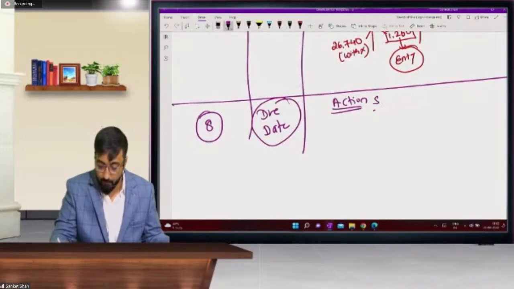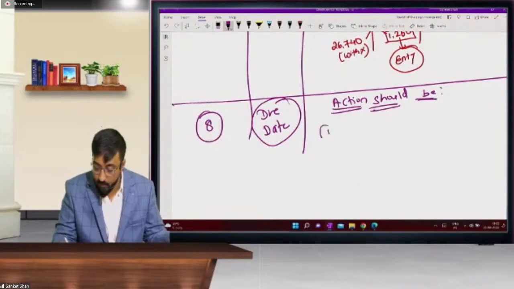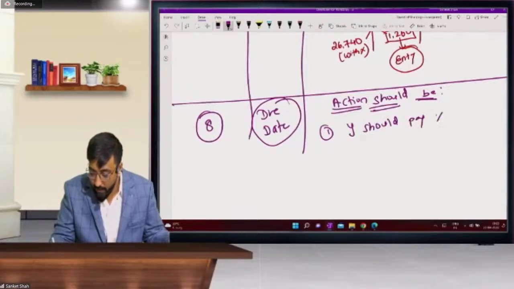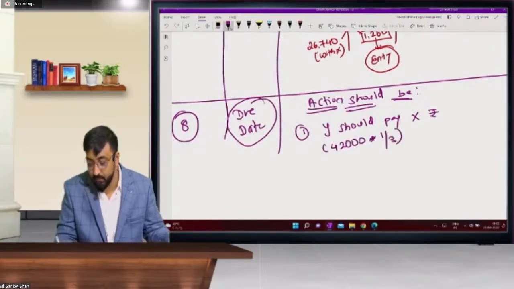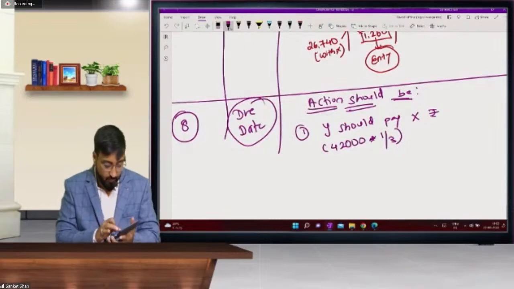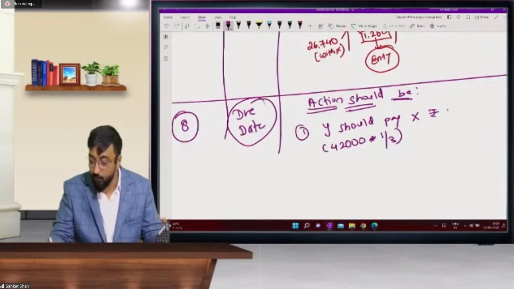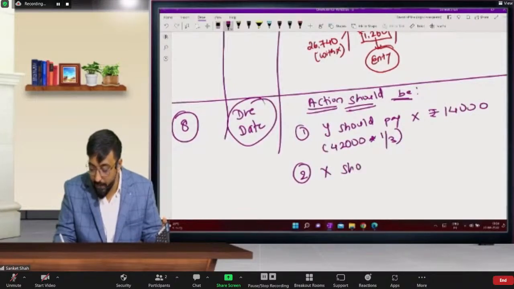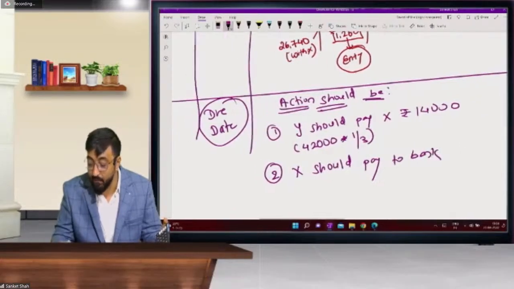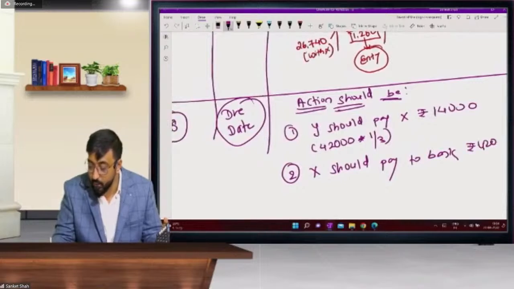Action should be: Y should pay X rupees 42,000 into 1/3, because 1/3 amount he used, 14,000. And X should pay to bank. It's liability for X, rupees 42,000.